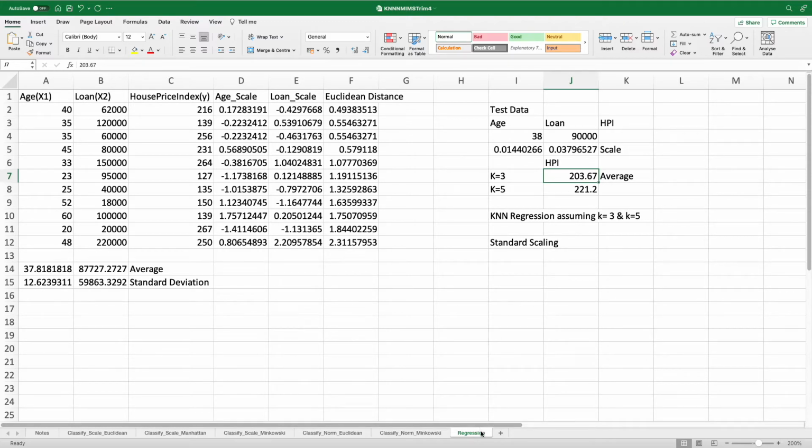So this is regression underscore scale underscore Euclidean. Okay, all of you got the formula for Euclidean distance?